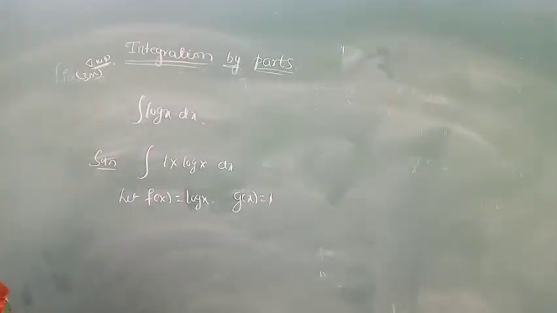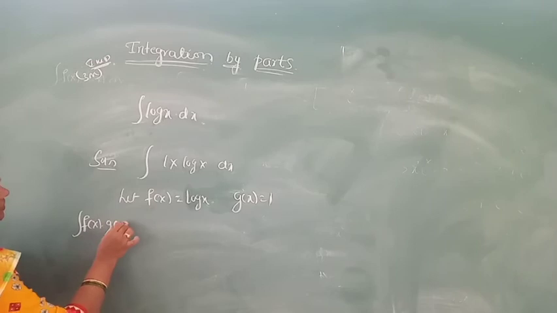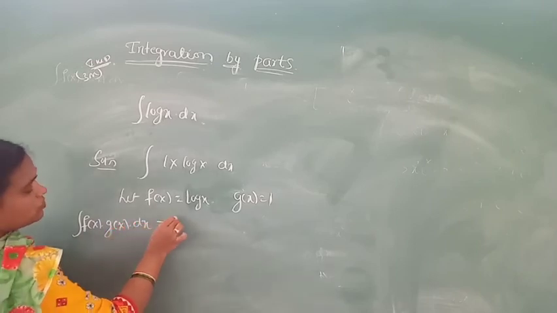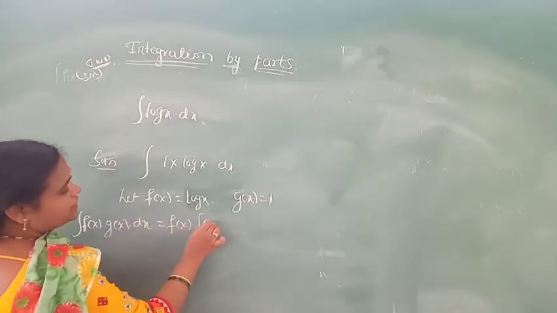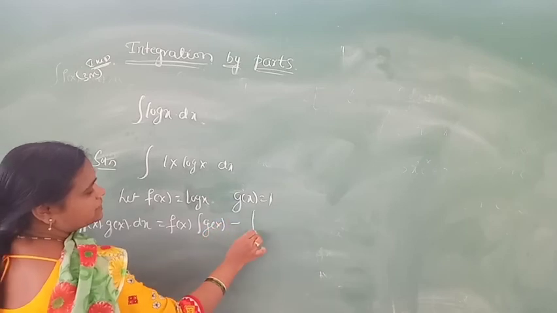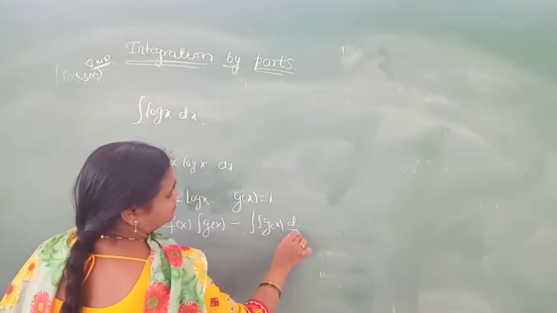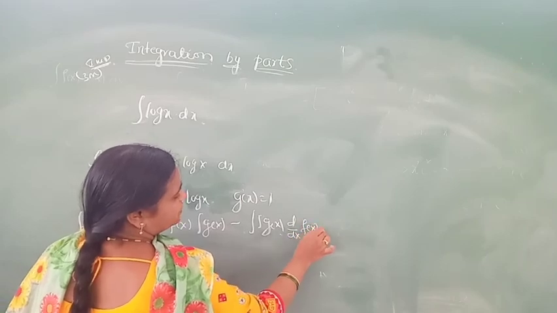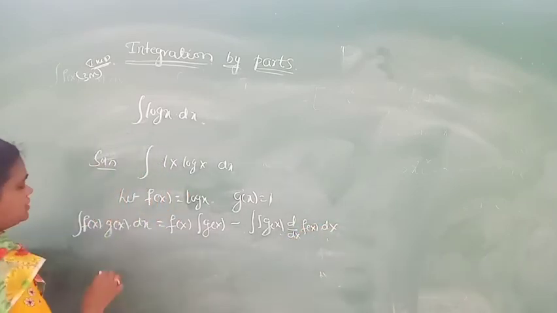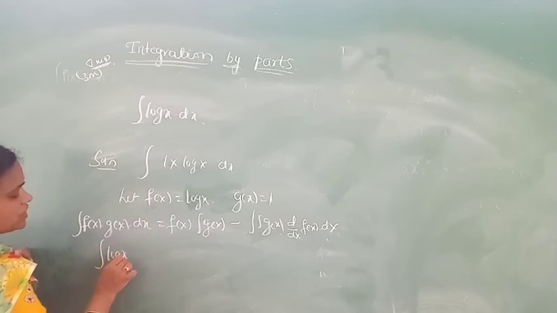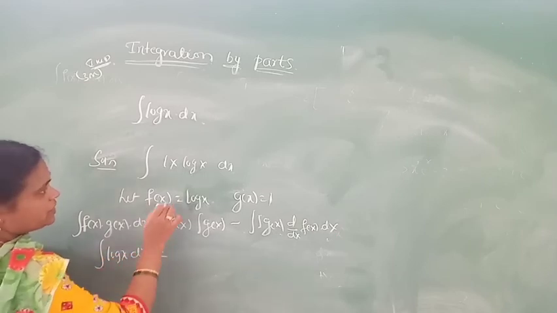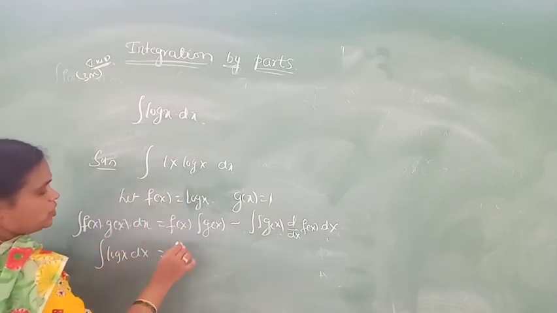Again apply the formula: integration of f of x g of x with respect to x is f of x times integration of g of x, minus integration of the integration of g of x times d by dx of f of x with respect to x. Here f of x is log x.